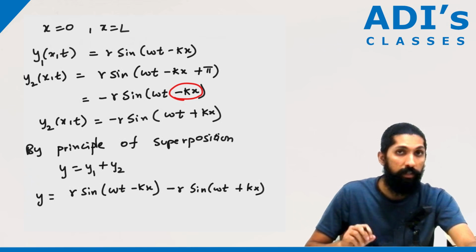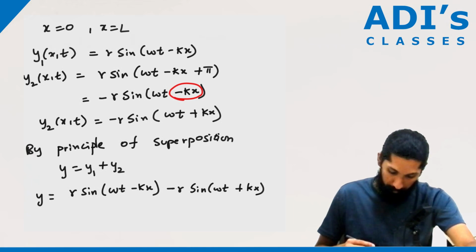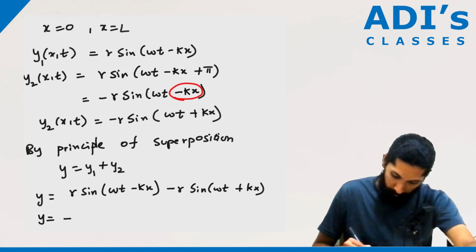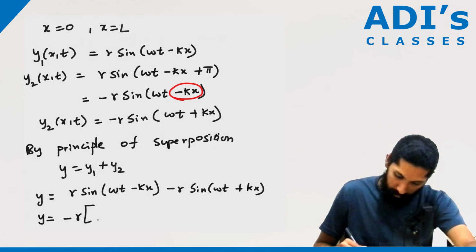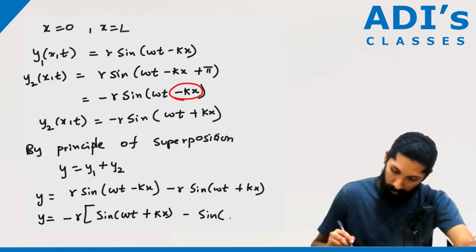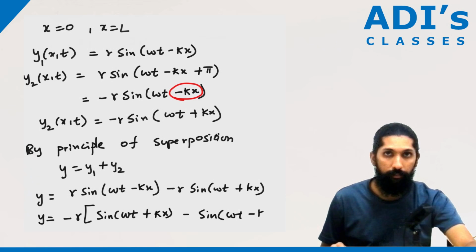Now we take minus r common. That means y is equal to minus r into sine of omega t plus kx minus sine of omega t minus kx. This is what you have.